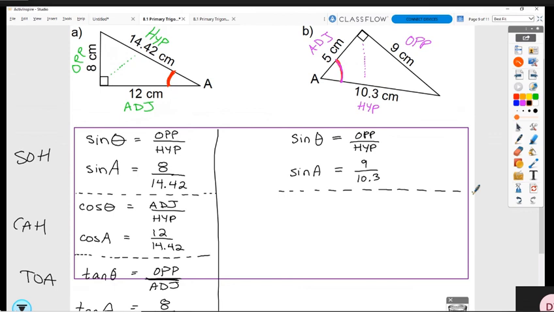Next, we got cos, which is cos theta equals adjacent over hypotenuse. And cos of angle A equals adjacent, which is 5, over hypotenuse, which is 10.3.